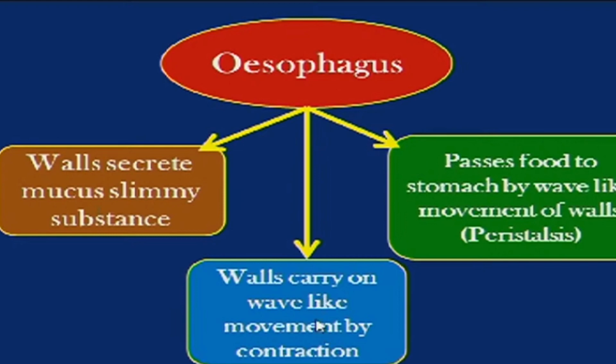The esophagus walls carry on a wave-like movement by contraction, which helps in passing the food from the pharynx to the stomach. So, students, esophagus is a long straight muscular tube. It shows long wave-like contractions and relaxations with the help of smooth muscles, and these movements are called peristaltic movements.